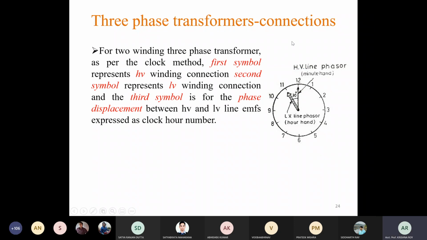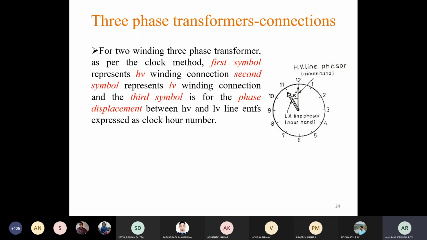For a two winding three-phase transformer, as per the clock method, the first symbol represents the HV winding connection. The second symbol represents the low voltage winding connection, and the third symbol is for the phase displacement between high voltage and low voltage line EMFs, expressed as a clock hour number. This phase angle difference is between the line EMFs of the high voltage side and low voltage side, not the phase EMF.